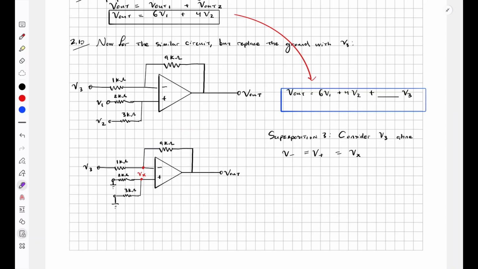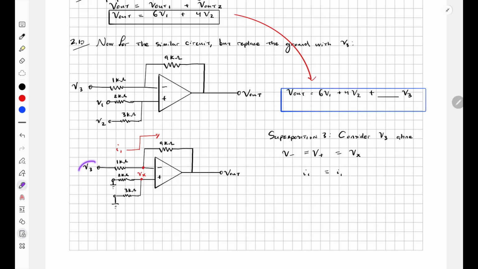So we know that another property of the ideal op-amp is that no current should enter the terminals of the op-amp. As a result, this current is equal to this current. We define this current path and call it I1.